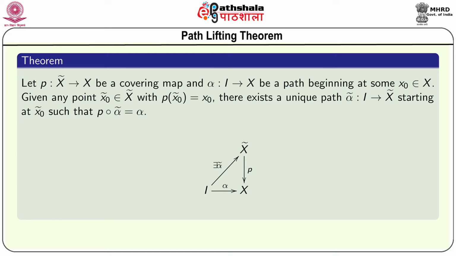Let P be a covering map from X tilde to X and alpha a path beginning at some point x0 of capital X. Given any point x0 tilde of X tilde with the property that P of x0 tilde is equal to x0, there exists a unique path alpha tilde starting at x0 tilde such that P composed with alpha tilde is equal to alpha. This alpha tilde is called a lift of alpha.